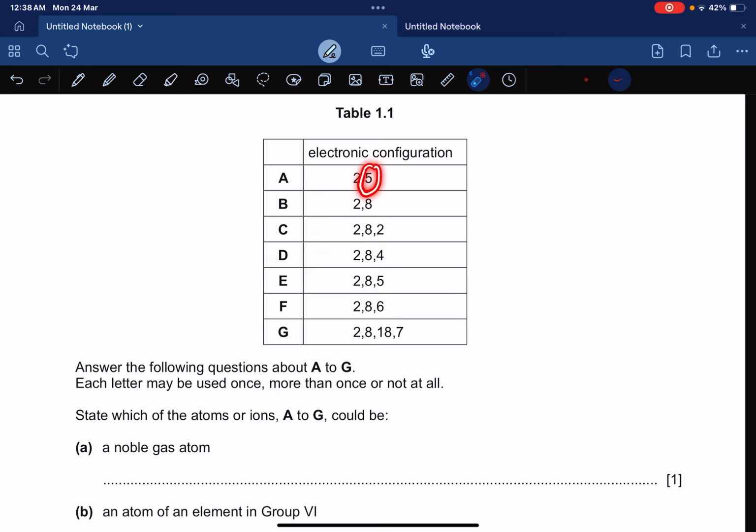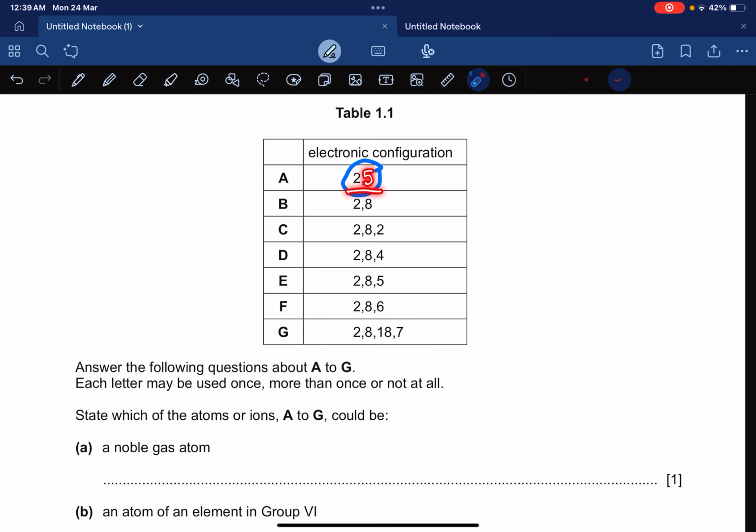If it was an ion, it would have 2 electrons in the first shell, but in the second shell it would have 8 electrons, meaning a full second shell, because ions have the electronic configuration of a noble gas. After losing or gaining electrons, they get full outer shell electrons. So basically this atom which we are talking about right here is going to be in group 5 of the periodic table.